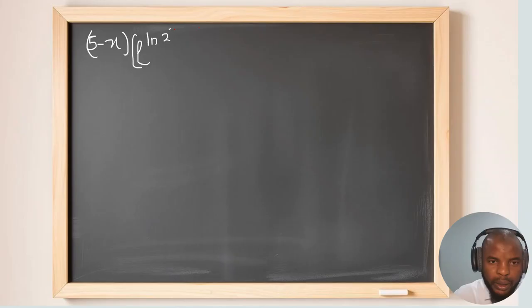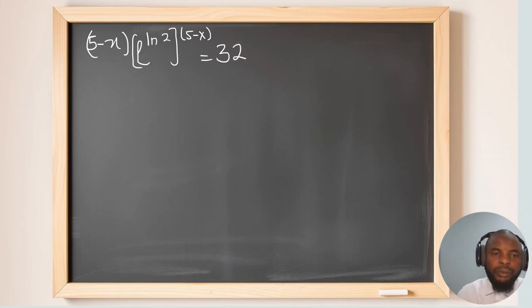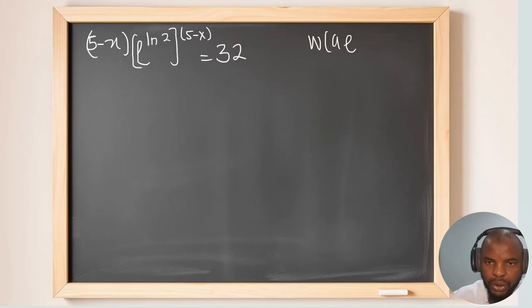Now, let me rewrite this same function in the next slide. In the previous slide, I have 5 minus x, exponential ln 2 in parentheses, and outside the parentheses I have 5 minus x equals 32. Now, here I'm going to use the Olympiad function. Recall that the Olympiad function is a exponential a, and this is going to be a.